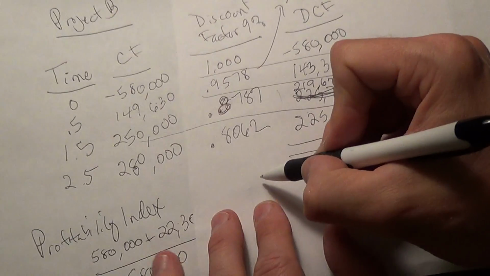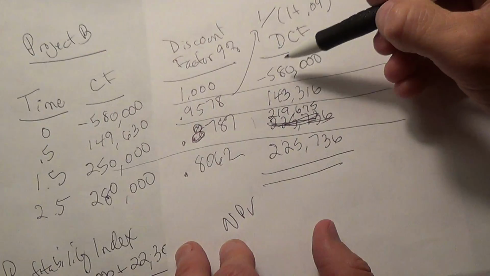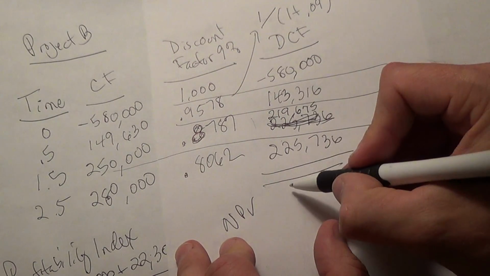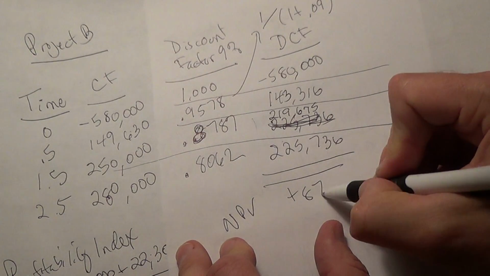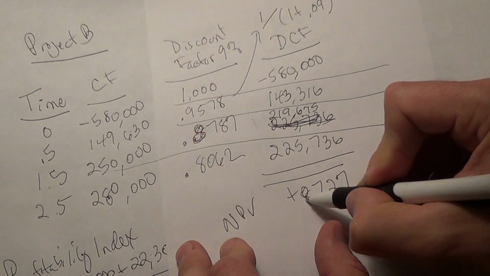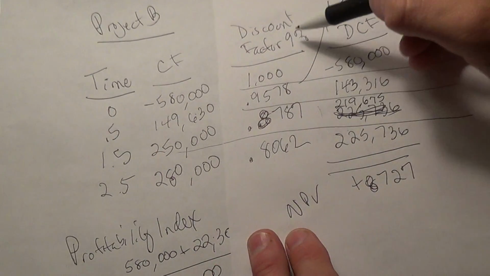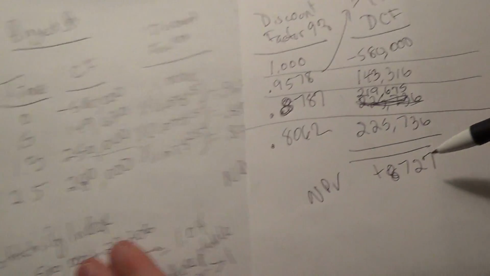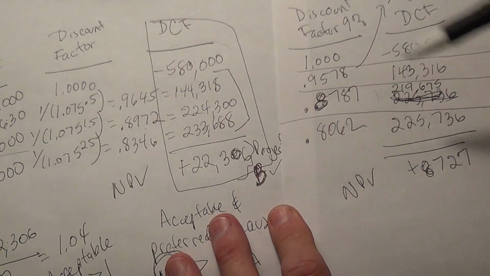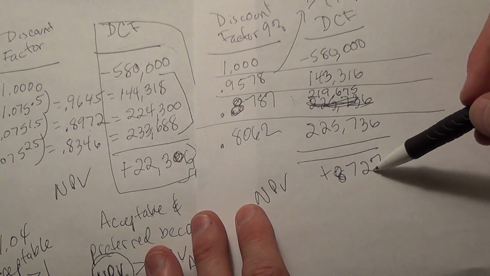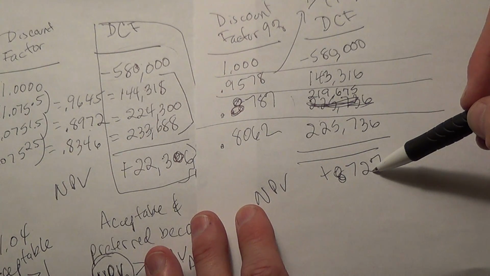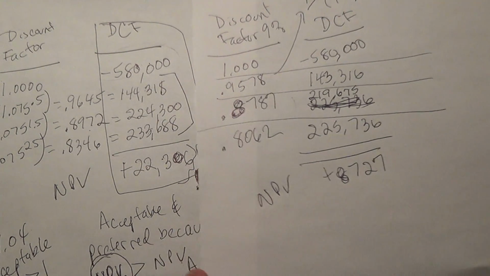And our net present value, just like we calculated before, we just add this whole column up, and you still get a positive 8727. So 9%, while it reduced our net present value from 22,306 down to 8727, still did not get us to 0, so 9% must not be high enough.